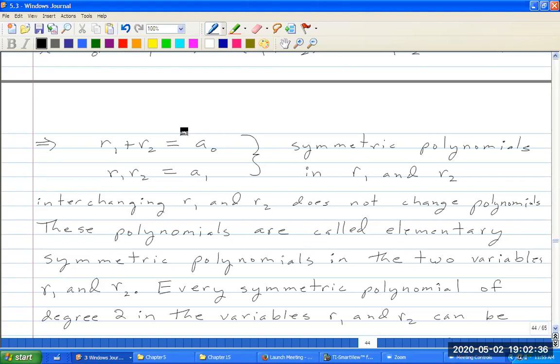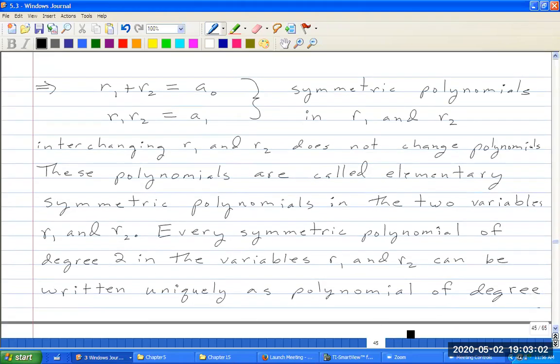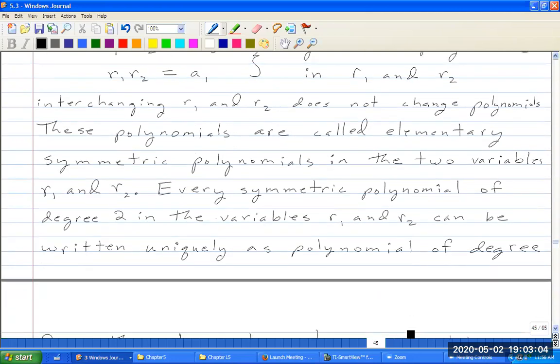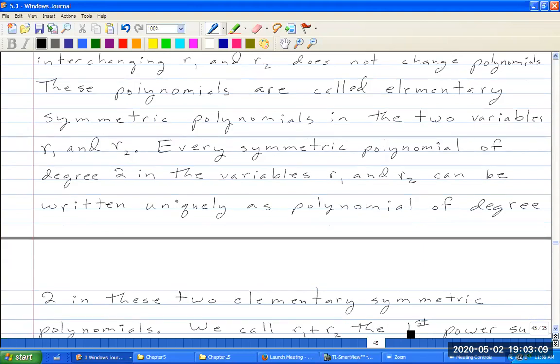And so interchanging r1 and r2 does not change these symmetric polynomials. These polynomials here are called elementary symmetric polynomials in the two variables r1 and r2. Every symmetric polynomial of degree 2 in the variables r1 and r2 can be written uniquely as a polynomial of degree 2 in these two elementary symmetric polynomials.